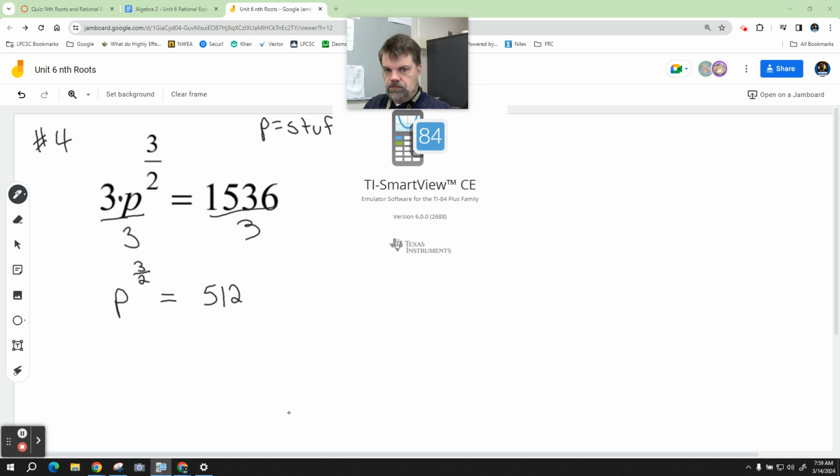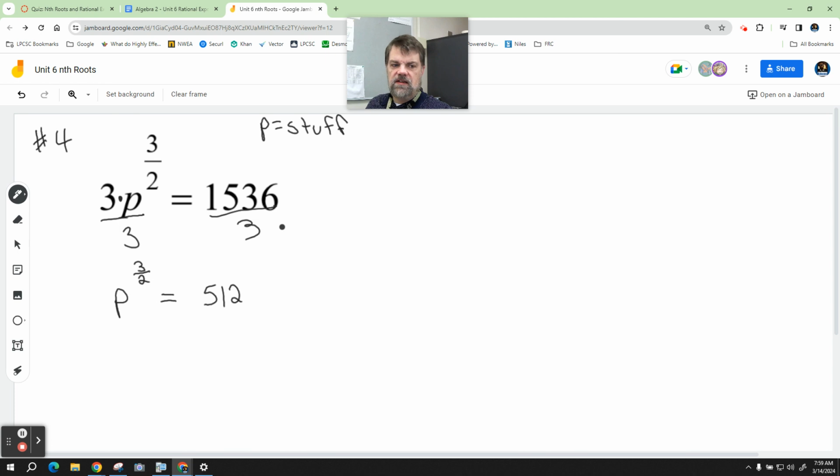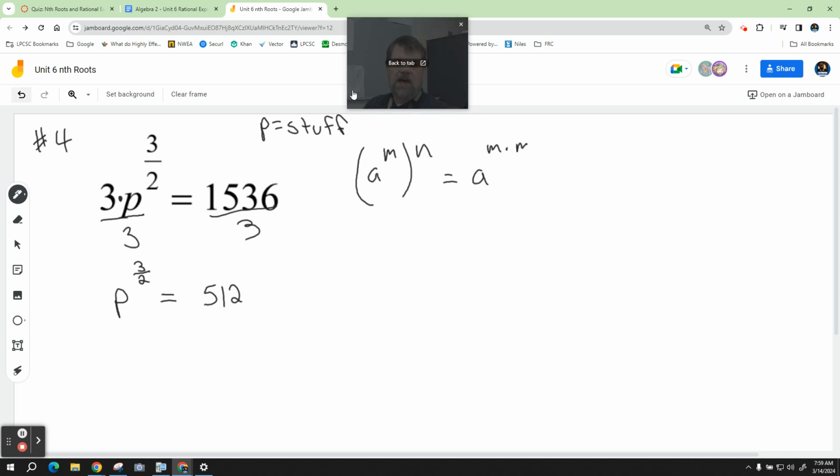Now, I had an interesting conversation with a student yesterday, and on one of the other examples, I'm going to explain how we get rid of this 3 halves. But I said, in my explanation yesterday, remember that when you take a power and raise it to a power, the exponent shortcut or property is that you multiply the powers, right?